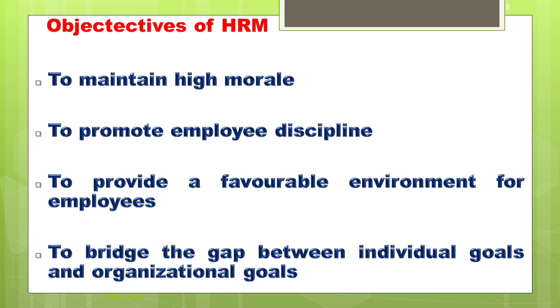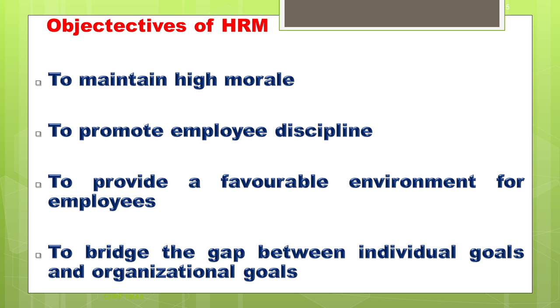To provide a favorable environment for employees, an environment that is free from industrial accidents, free from occupational diseases. And more to that, to bridge the gap between individual goals and organizational goals, where you find when people come to an organization, they have their own goals.